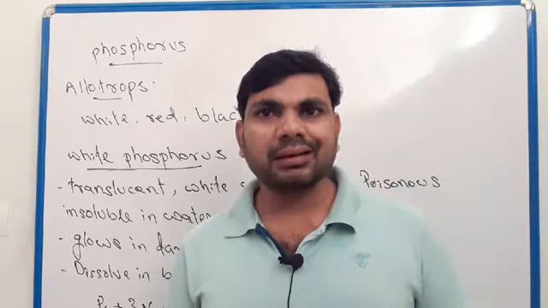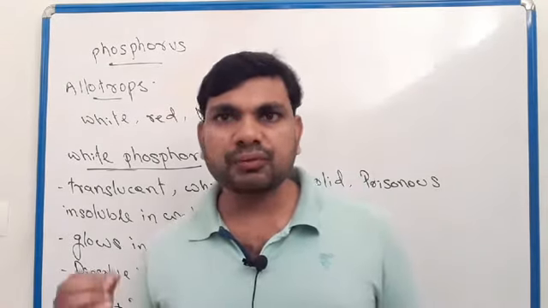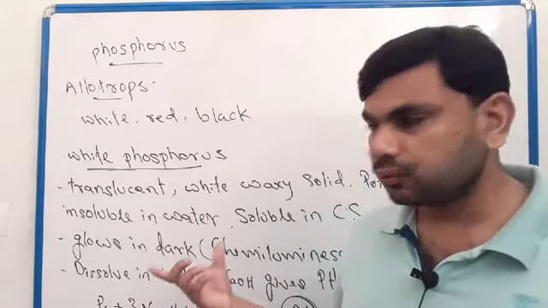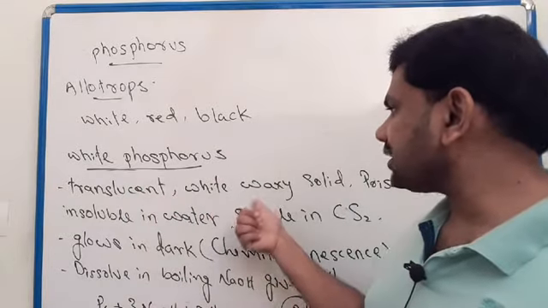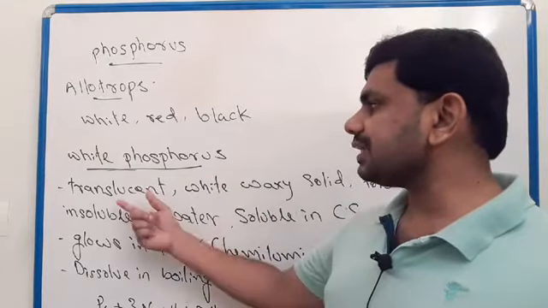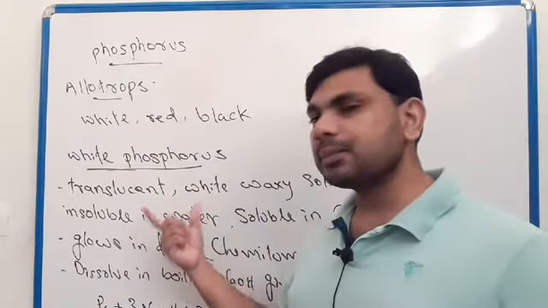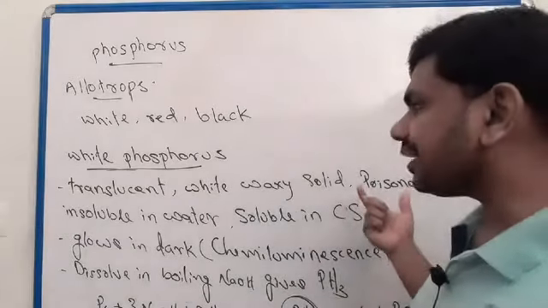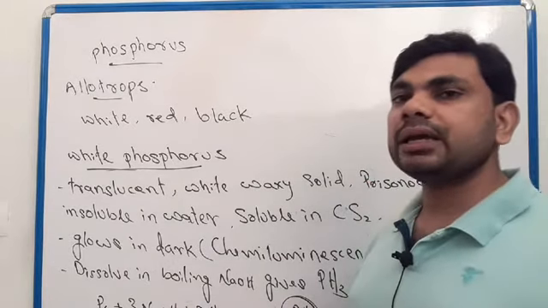Clear? So in this slide we discussed the allotropes of phosphorus: white phosphorus, red phosphorus, black phosphorus. And we discussed different properties of white phosphorus. It is a white waxy solid, also translucent.